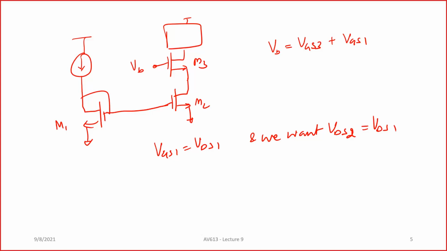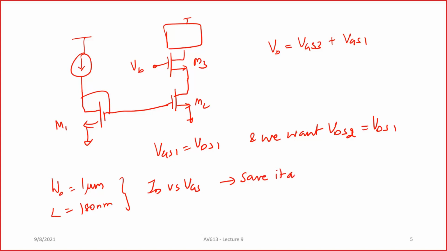So the way we typically do design, especially for these deep submicron processes, is to create a small lookup table. Even last year, what I asked the students to do is to take some arbitrary value, let's say W naught is 1 micrometer, and take 180 nanometer. Run your ID versus VGS plot and save it as a .csv file or some format.